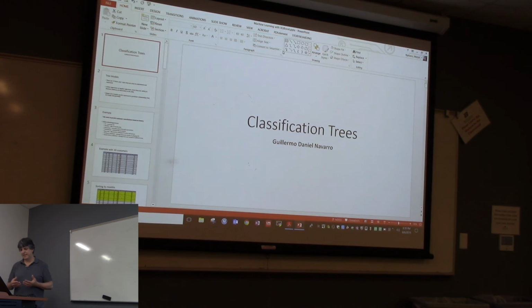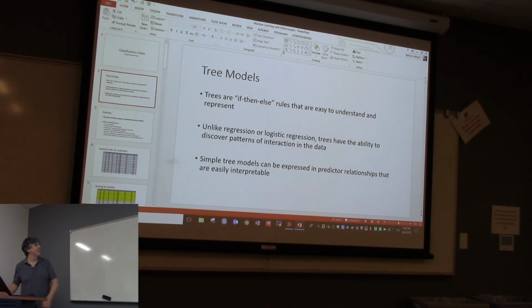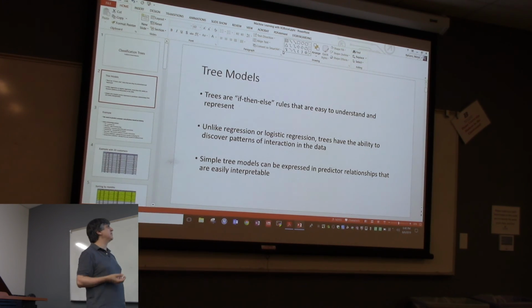But I started putting these slides together as a background, and you guys tell me if it's too basic for you, then we can just leave it for some other day. So basically, we use a tree model, and tree models, as I think you guys know, are those if-then-else rules.